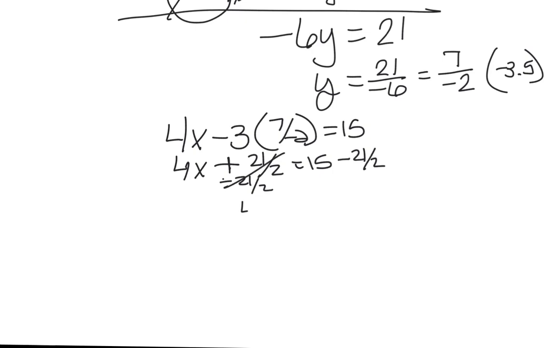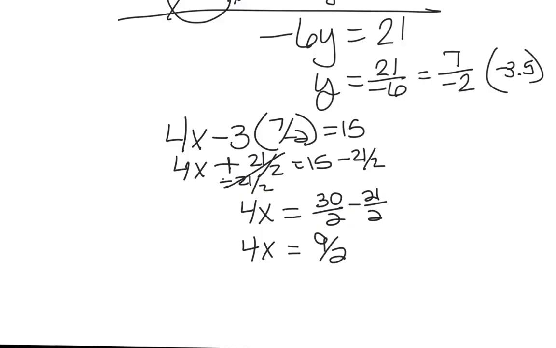So 4x equals 15 with a denominator 2 would be 30 over 2 minus 21 over 2. 4x equals 9 over 2.